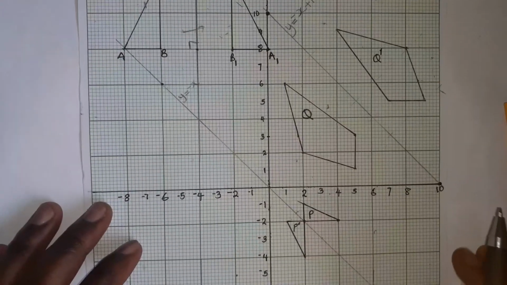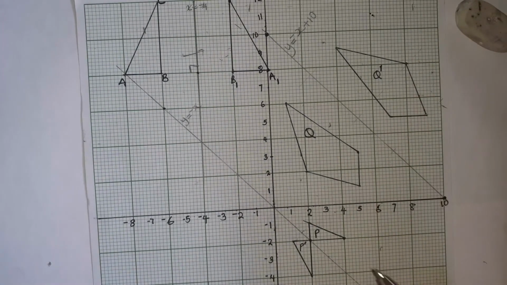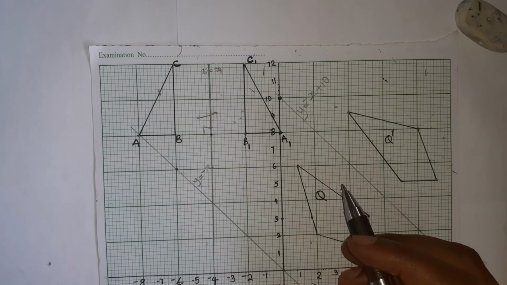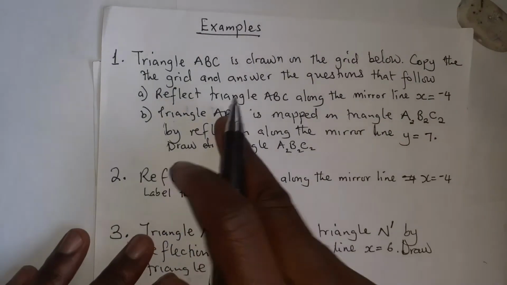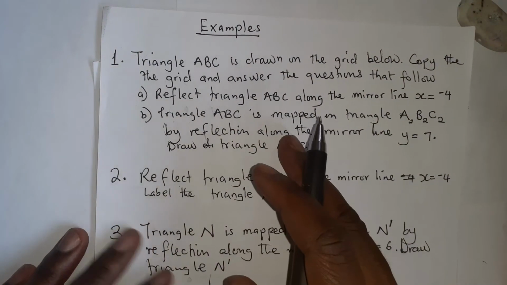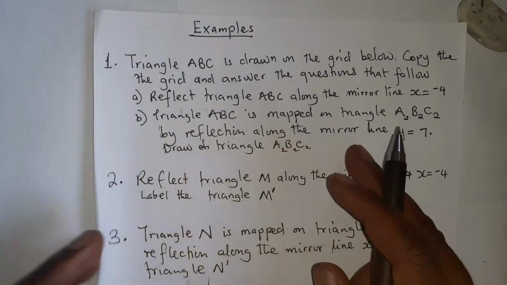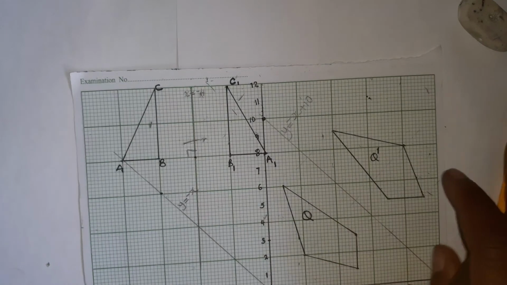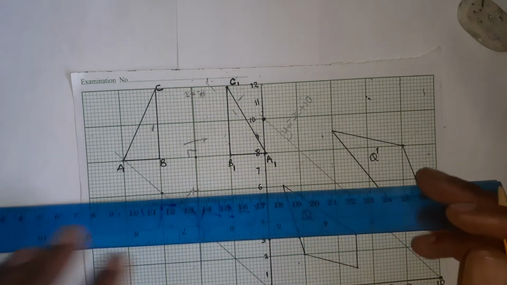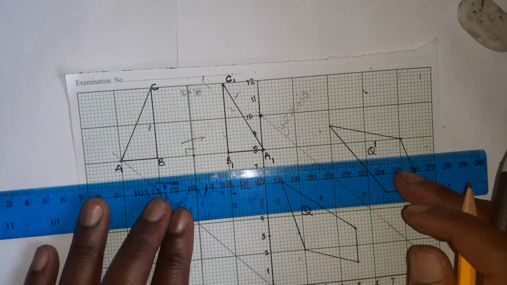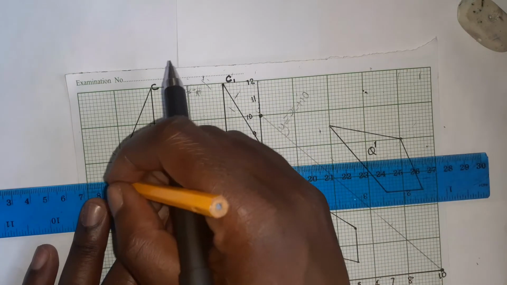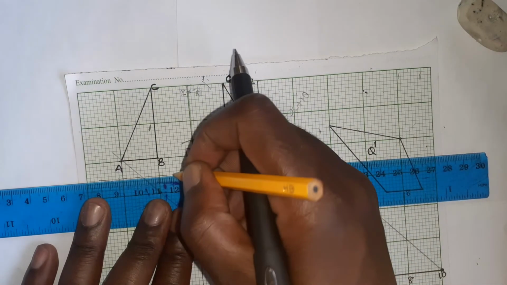I did mention that there was a question, there was this part here. If you have been with us, there's this part where y equals 7 is the mirror line, and y equals 7 is this line here. That is the mirror line here.